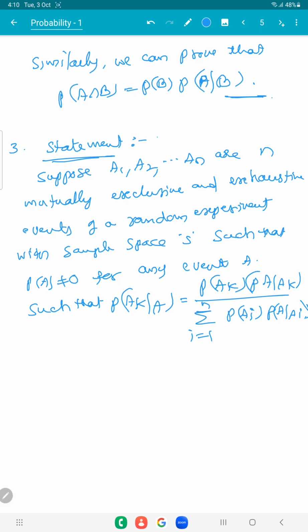So let us write what is there, sir. We should be more careful about that. Proof. Let us write what is given. Given P of A is not equal to 0.